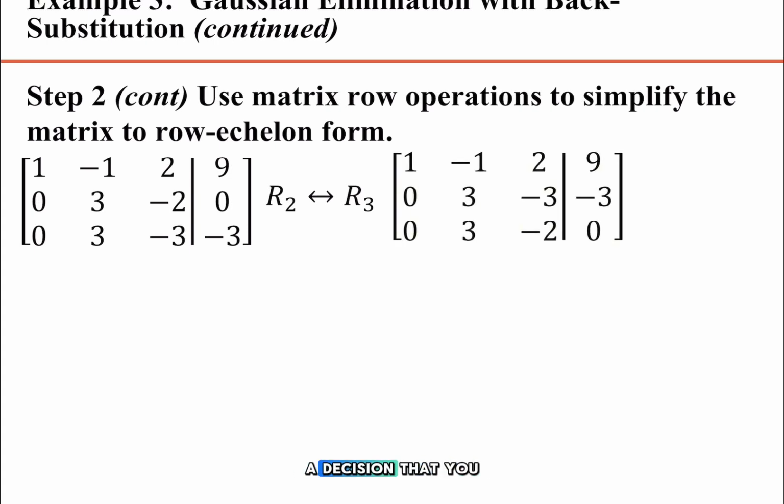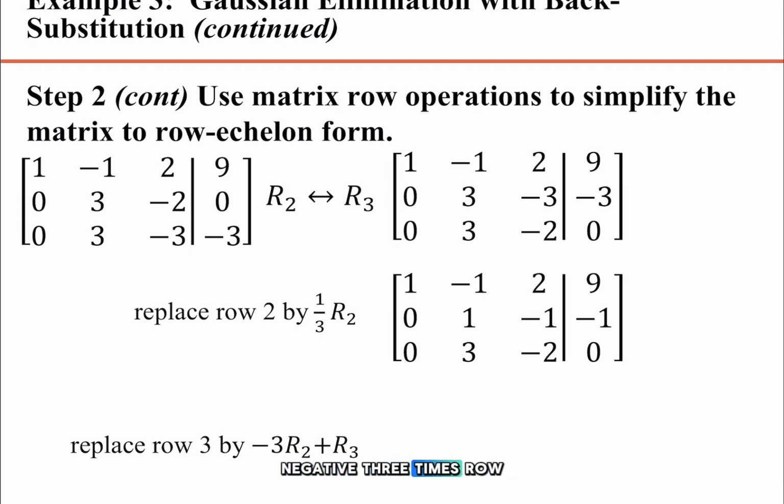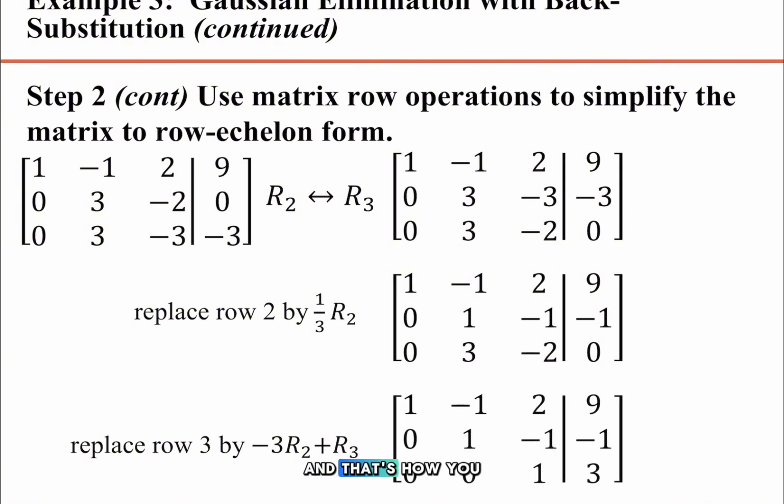And then that's, again, a decision that you want to make because you see what you can do. Multiply row 2 by 1/3, which is going to give you a 1 in the second row in the middle. And then you replace that row. And then replace row 3 by multiplying a -3 times row 2 and adding it to row 3. And that's how you get your diagonals and your zeros. So your ones in a diagonal and your zeros underneath.